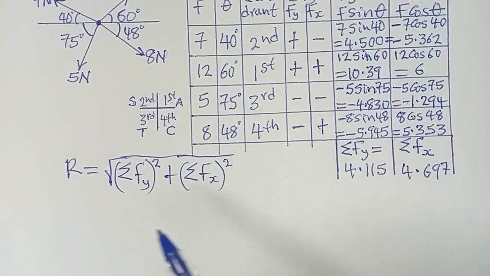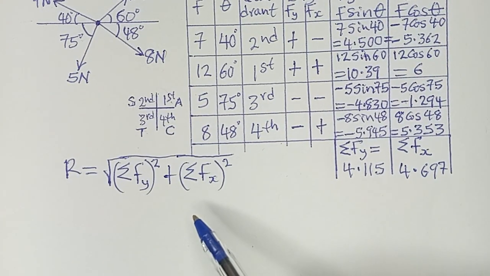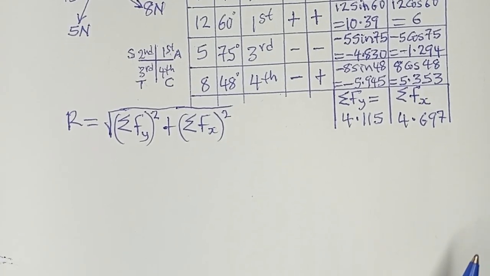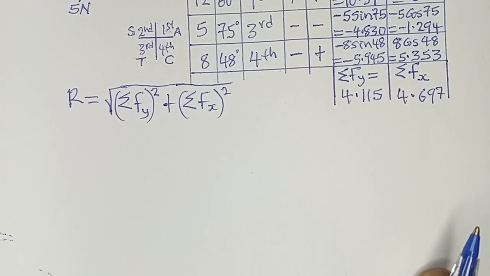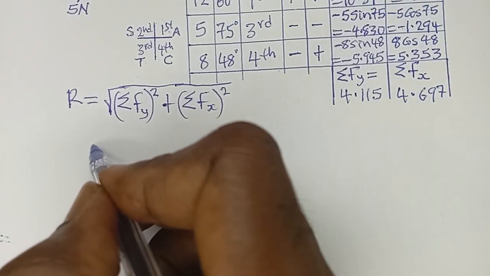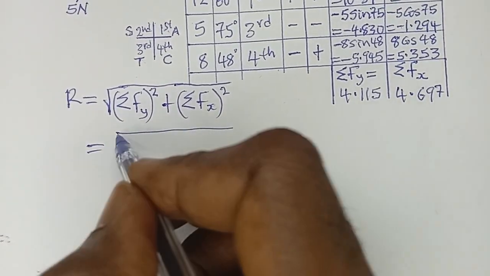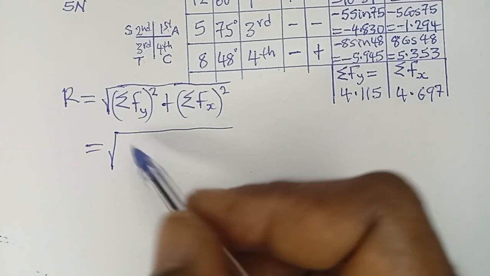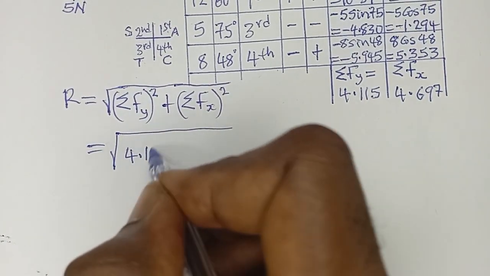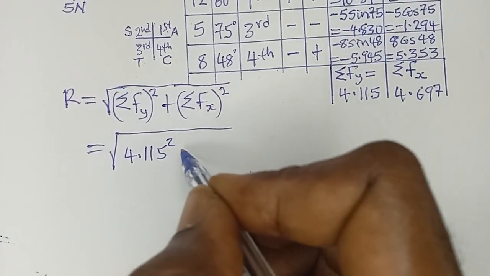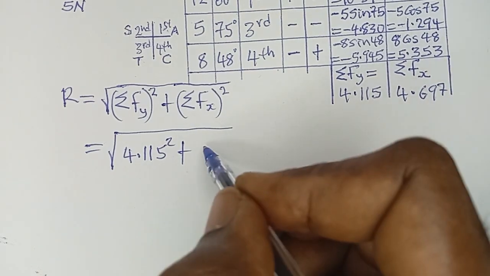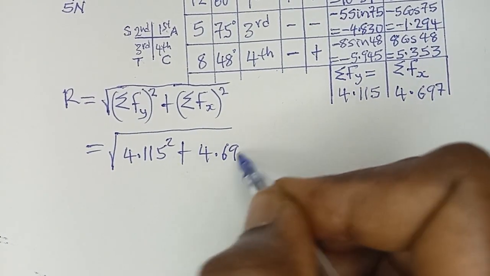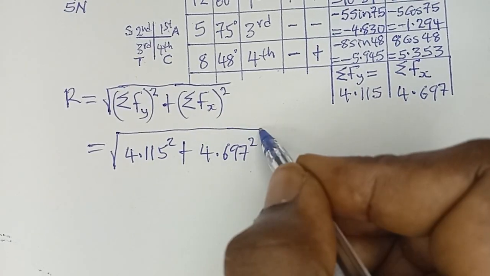So R is the square root of 4.115 squared plus 4.697 squared.